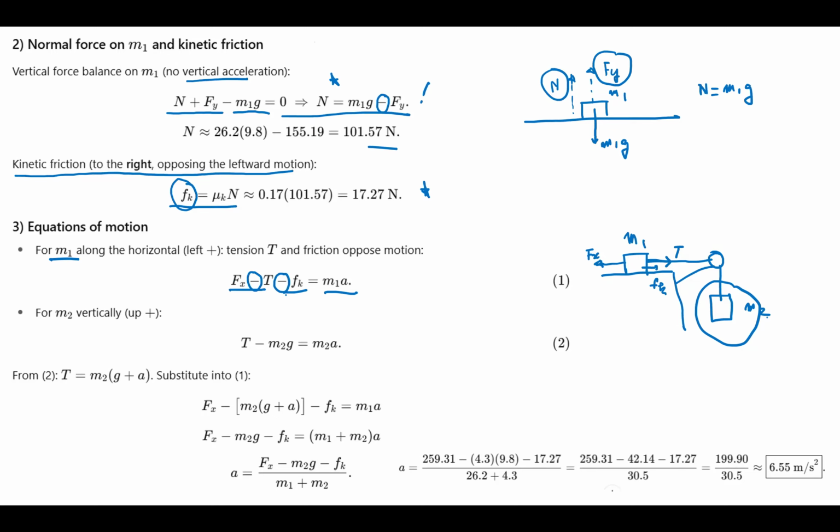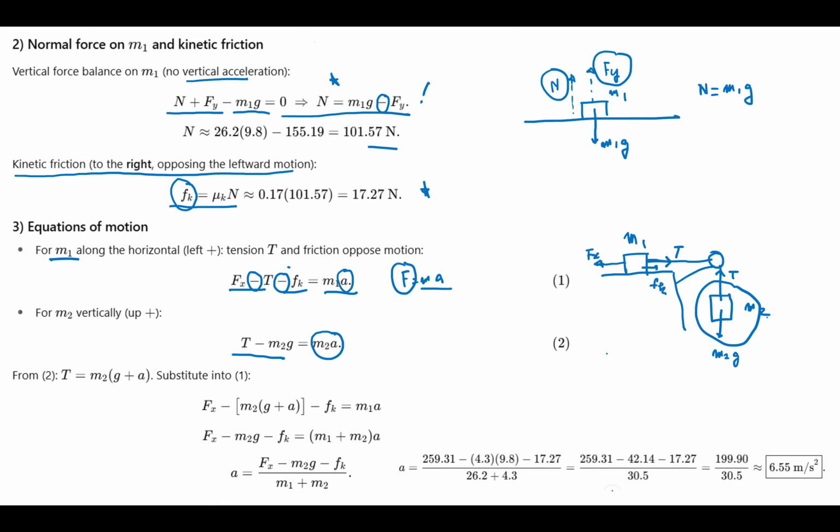Anyhow, these are all the forces acting on M1, and by Newton's law, ma, all the forces shown here should be the same as m1a. And then this acceleration should also apply to M2. So we have m2a. For this case, T is upward, and the gravitational force is given by this one.